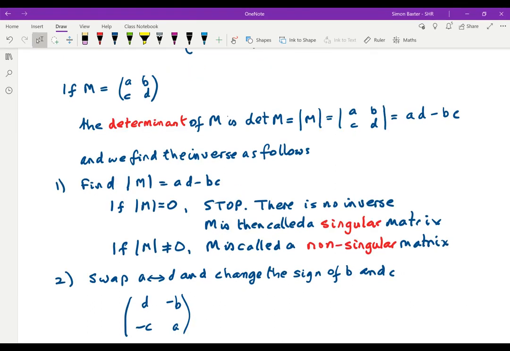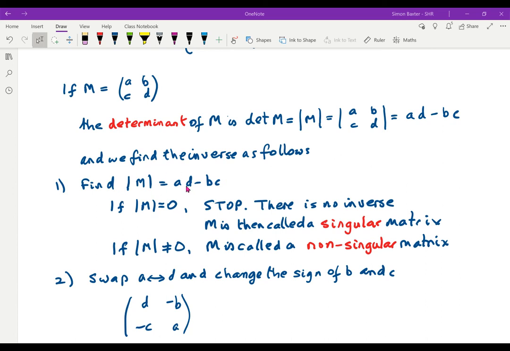To summarize this, if we've got a matrix M, which is A, B, C, D, up here, then the determinant of M is written either as det M, two straight lines M, or two straight lines A, B, C, D, and it's equal to AD minus BC. Then we can go ahead and find the inverse of M as follows.